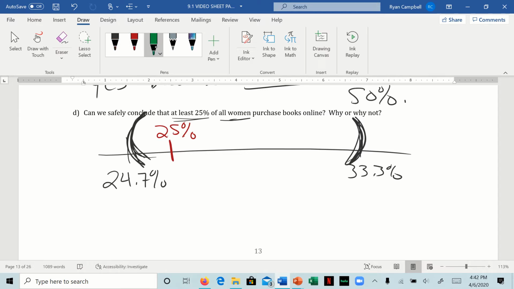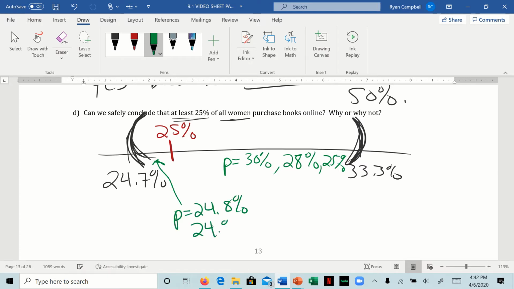Well, sure, it's true that if p was 30% or 28% or even 25%, it would be at least 25. But isn't it also possible that p could be 24.8% or 24.9%? Are those at least 25? No. Since these are possibilities, we cannot conclude that at least 25% of women purchase books online.